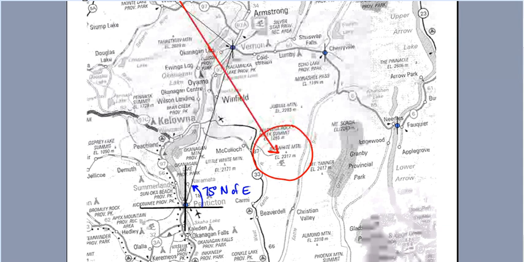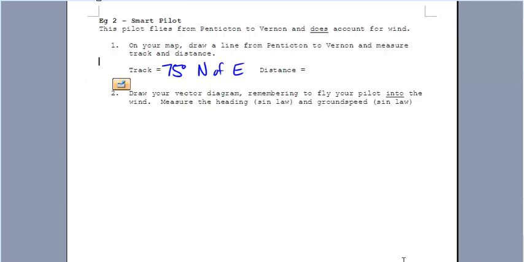There is some uncertainty wrapped in there. You might measure 96 or 98 or 95, that's fine. I'm going to call it 97 millimeters, 9.7 centimeters. 97 millimeters, which is equal to, in real life, 97 kilometers. So, we measure on the map first.